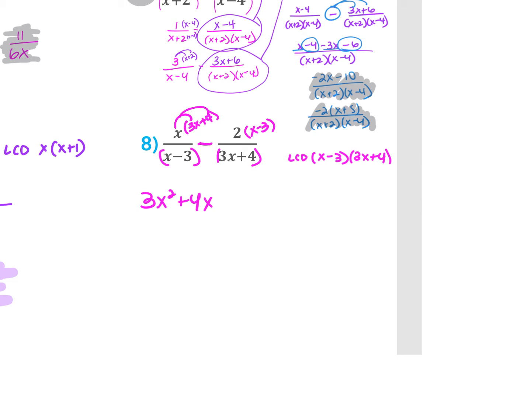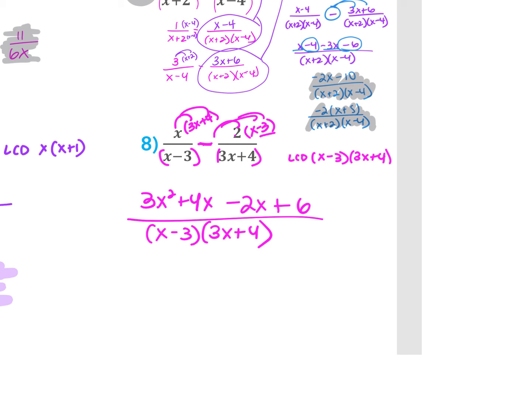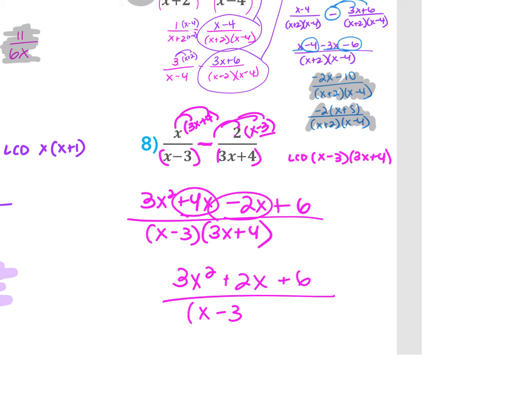Distribute a negative 2 here, and I get negative 2x plus 6. So the negative 2 times the negative 3 gives me positive 6 over x minus 3 and 3x plus 4. Combine your like terms, 3x squared. These two combine, positive 2x plus 6 over x minus 3 and 3x plus 4.